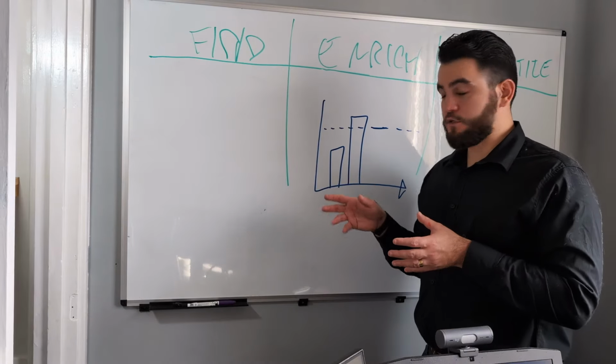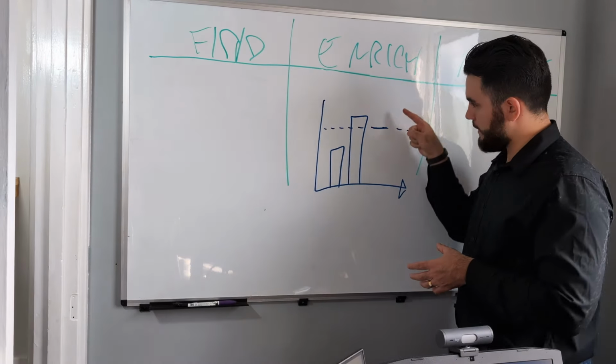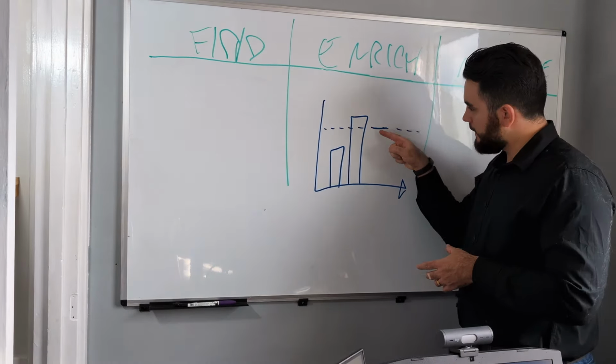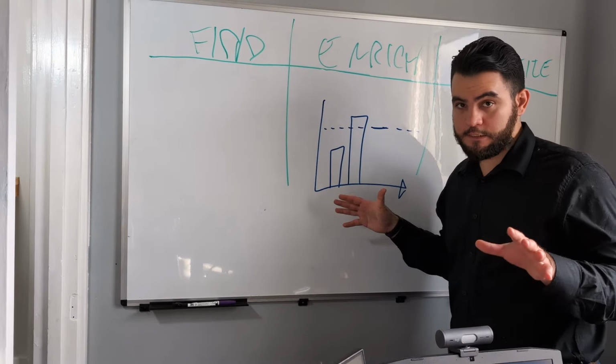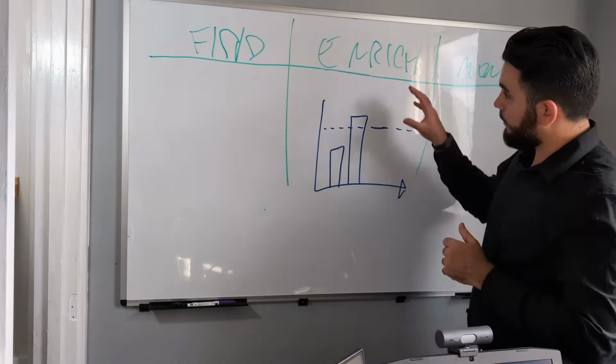The importance of increasing the perceived value is because this is the price of the product or service you sell. If the perceived value is lower than your cost, they're not going to buy. If it's higher, they are going to buy. It's that simple. So what we do is we increase the perceived value by doing the enrichment.